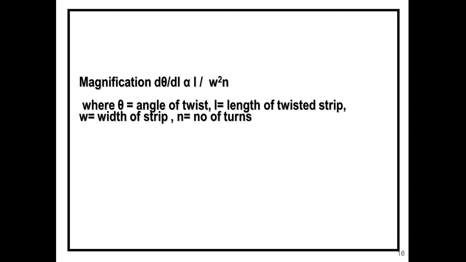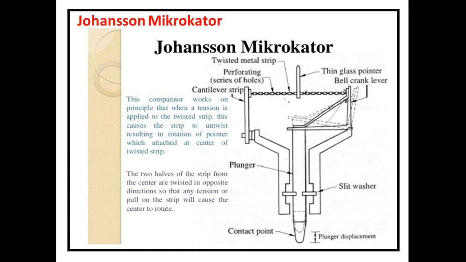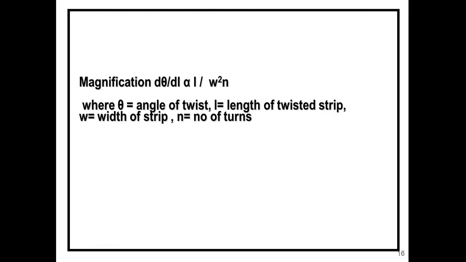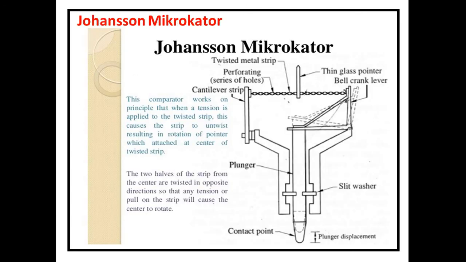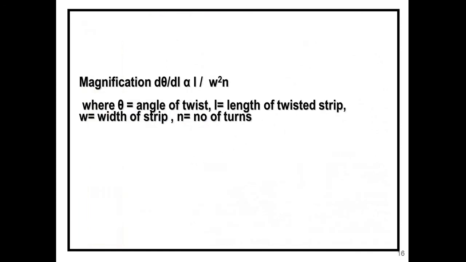We know that this strip is going to twist, and the twist is always measured in terms of the angle. L is the length of the twisted strip. Then W is the width of the strip.